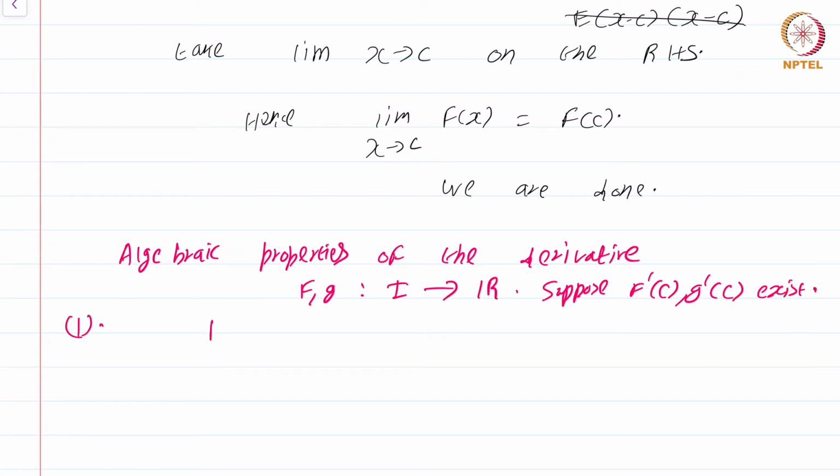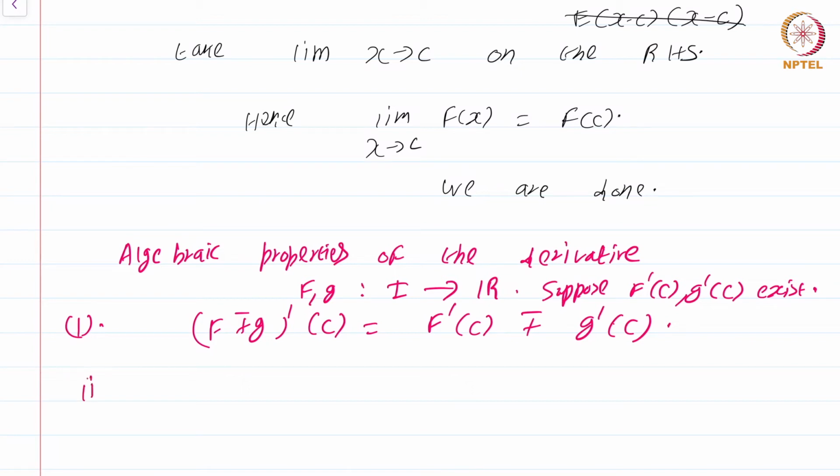Then (f plus g) prime of c is just f prime at c plus g prime at c. In fact, I can put a plus or minus also. This one I'm not even going to bother proving. This is so utterly easy.